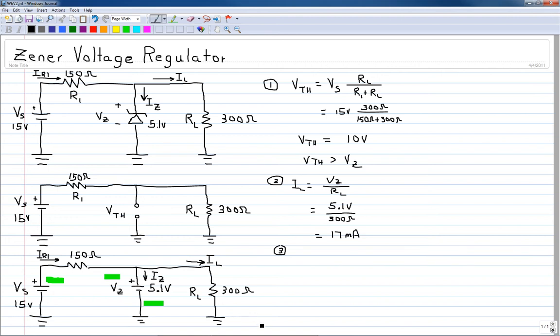So expressing this, IR1 is equal to VS minus VZ divided by R1, which is equal to 15 volts minus 5.1 volts divided by 150 ohms.